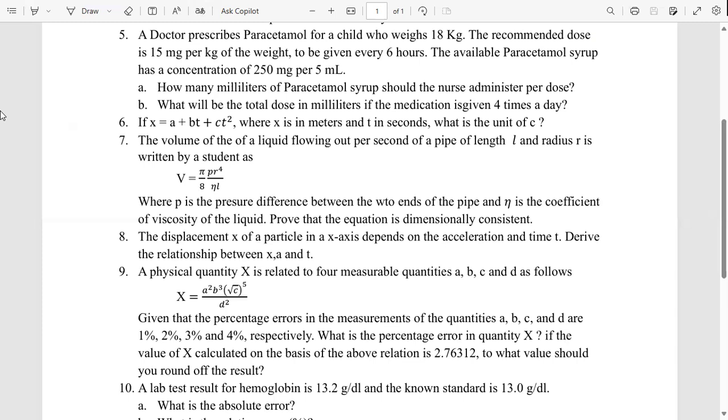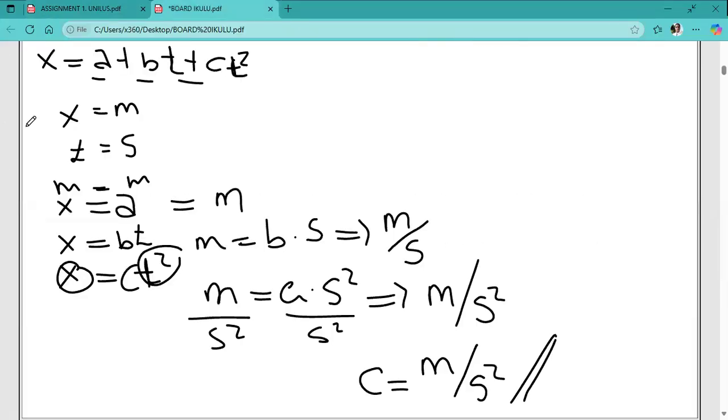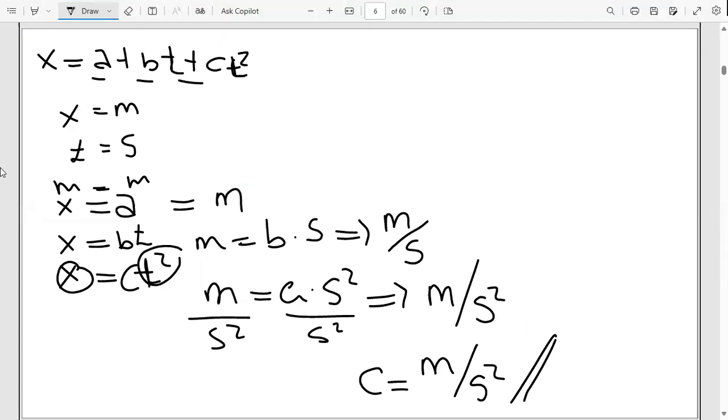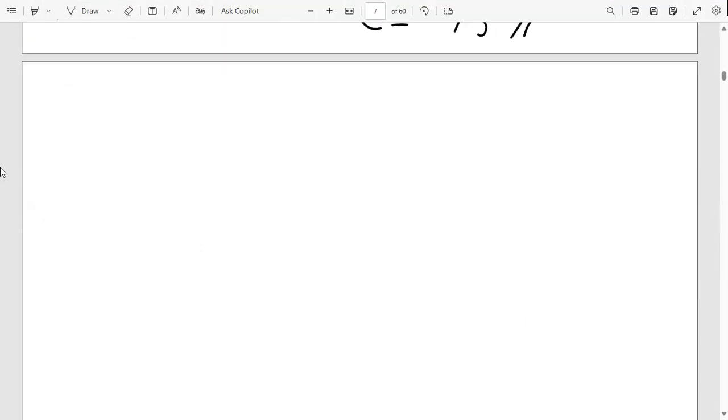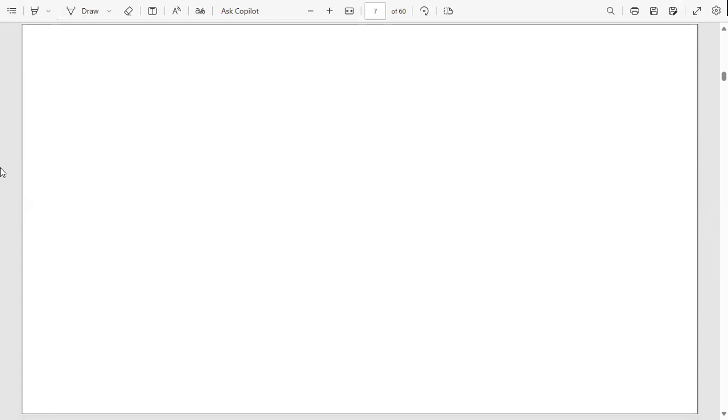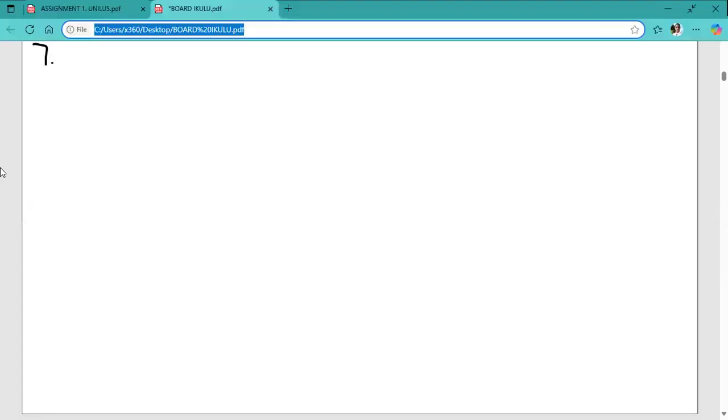So this is a very interesting question, which is talking about dimensional analysis. I'm going to go to my blackboard. This is question 7. So on question 7, what are they asking from us?